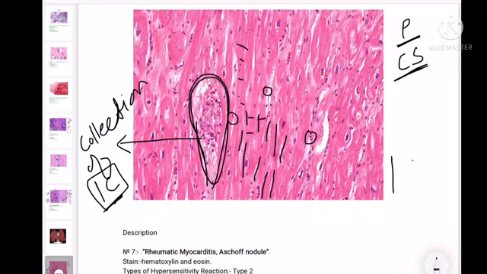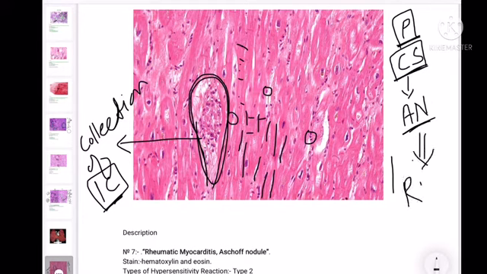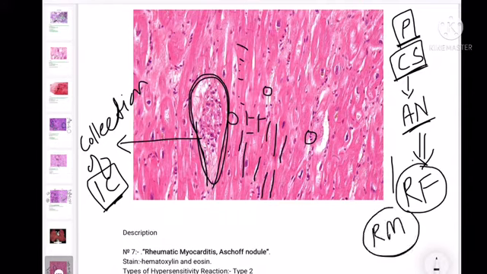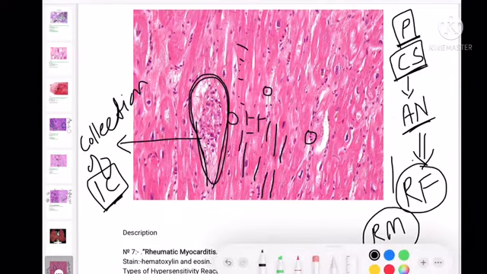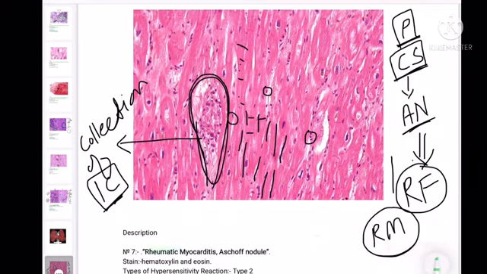This is what is called the Aschoff nodule. And where can we say Aschoff nodule? If a person has pharyngitis and cardiac symptoms, and then you find something like an Aschoff nodule, a granuloma, then we will go for rheumatic fever or rheumatic myocarditis. So what is this? Rheumatic myocarditis, Aschoff nodule, H&E staining.